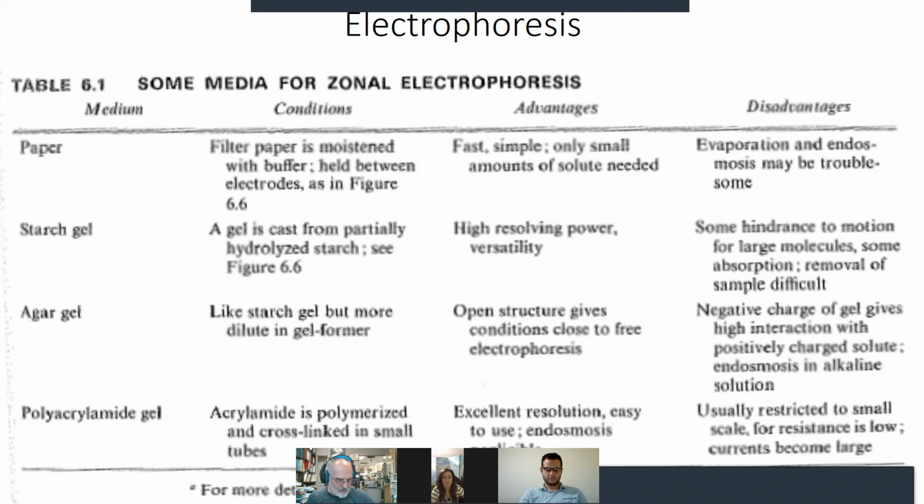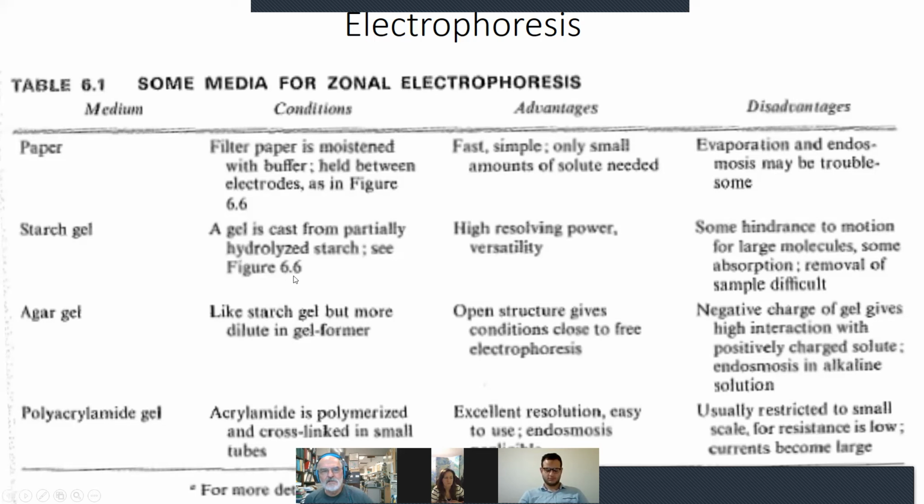I guess some people use starch for cooking or things like this, but it's basically a solid, I've actually poured starch gels many, many years ago. They create sort of a solid matrix. You have to create a little well in them so that you can add a sample. And then you, again, have some kind of an electrode, and it allows samples to migrate into the starch.